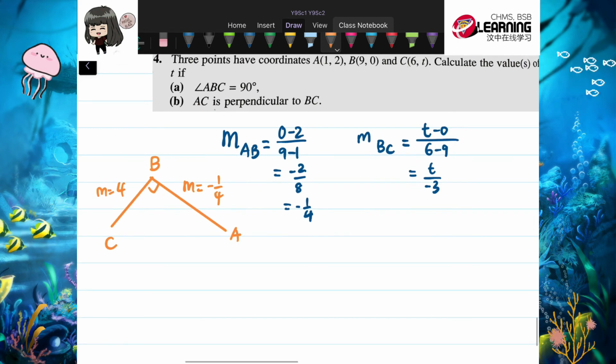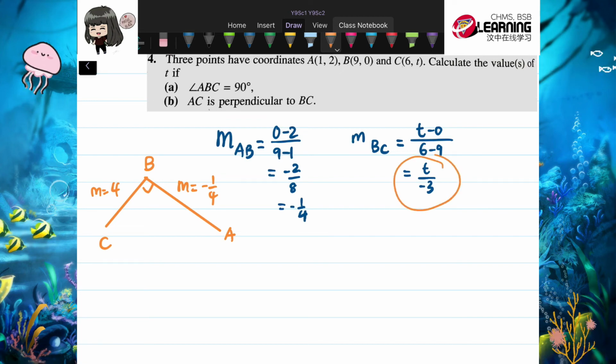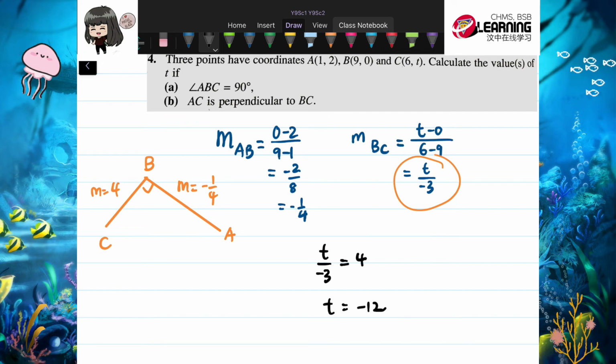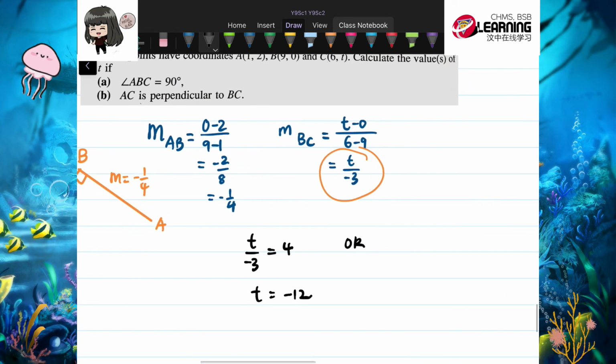So this M2 equals 4, meaning this gradient of BC, since it's t over negative 3 and it equals 4, your t equals negative 12. Or you can do this: you know that gradient AB and gradient BC, when we times together, equals negative 1.